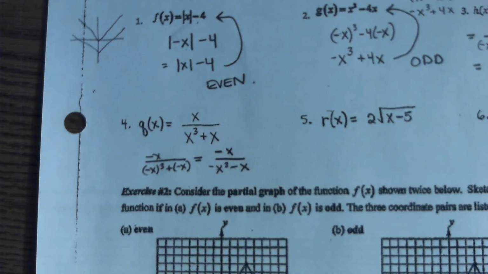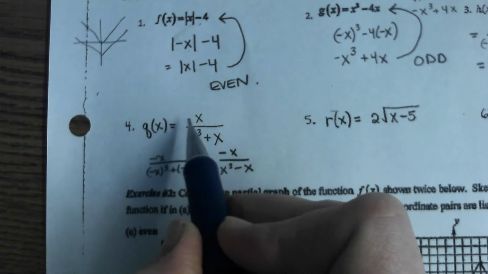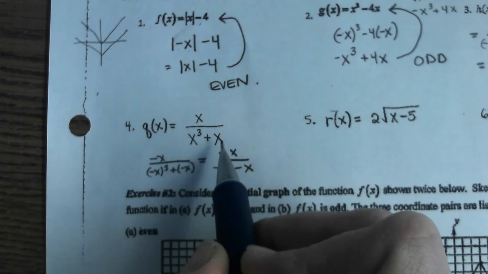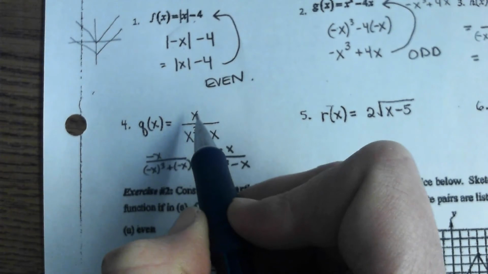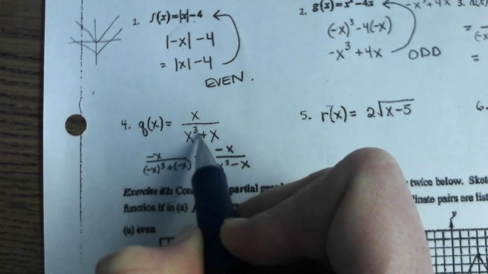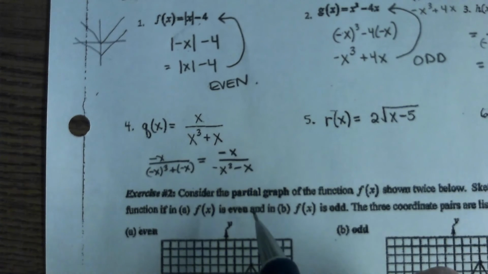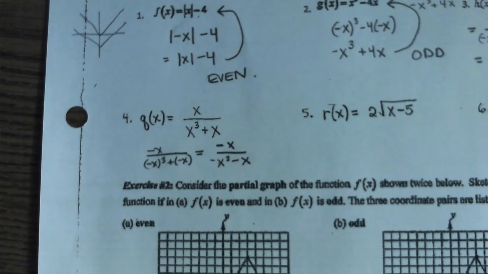I will tell you it is even. If it was odd, only the numerator would be negated, or only the denominator would be negated. Both of them are negated.